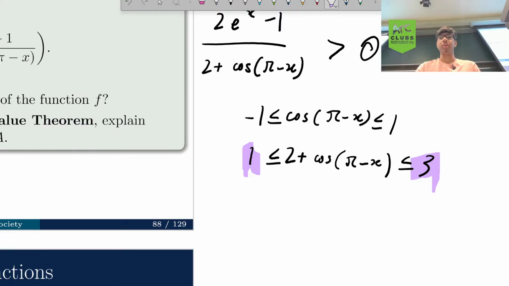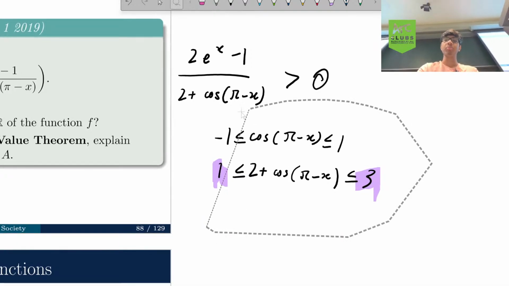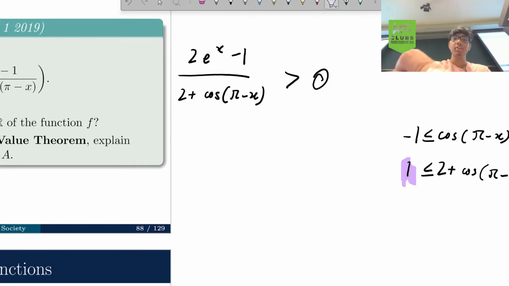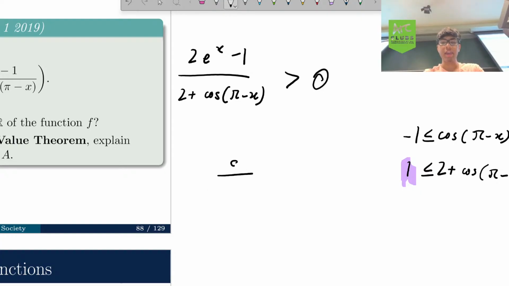Because it's somewhere between 1 and 3, I can multiply this denominator across without having to flip the inequality sign. For example, if I had a over negative b, where b is positive so negative b is definitely negative, and I had this inequality, then when I multiply it across, a would be less than 0.